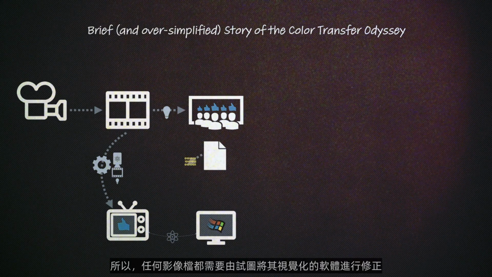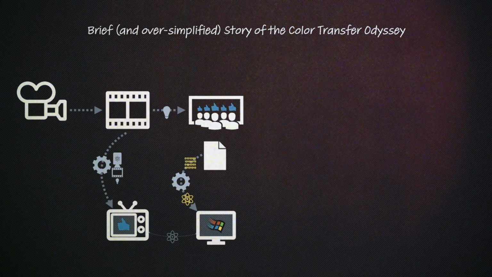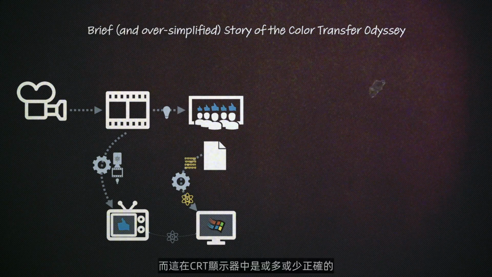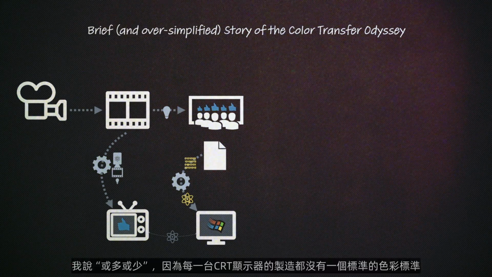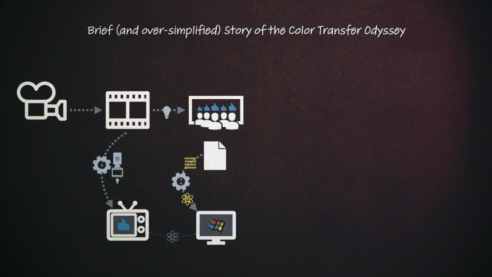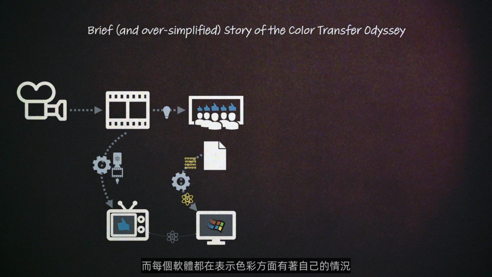So any image document requires a correction made by the software attempting to visualize it, more or less correctly in the CRT monitor, and I mean more or less because every CRT monitor was built without a standard criteria for color, and every software was doing its own thing to represent color.